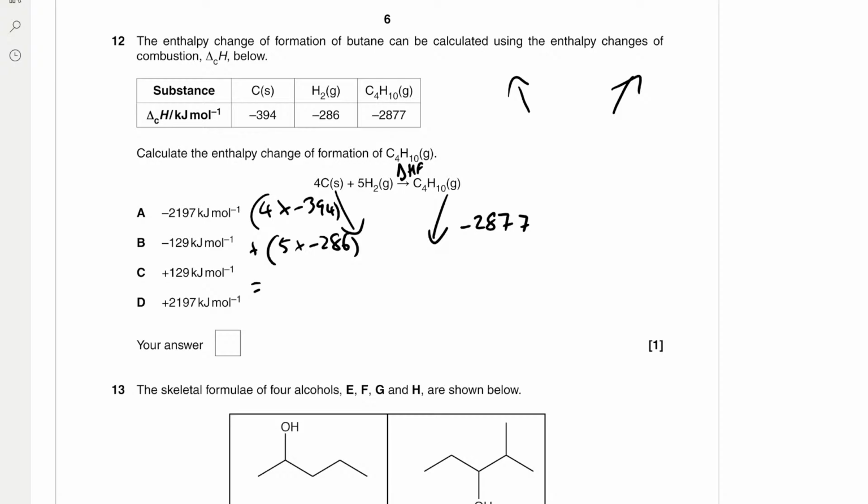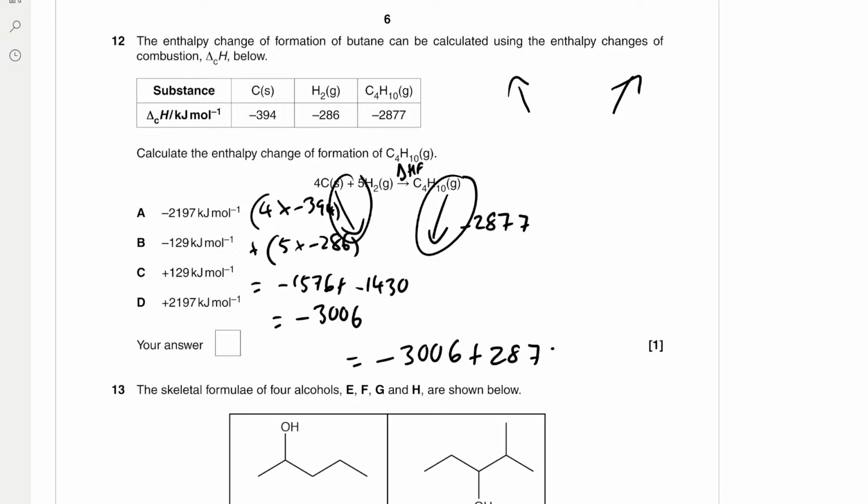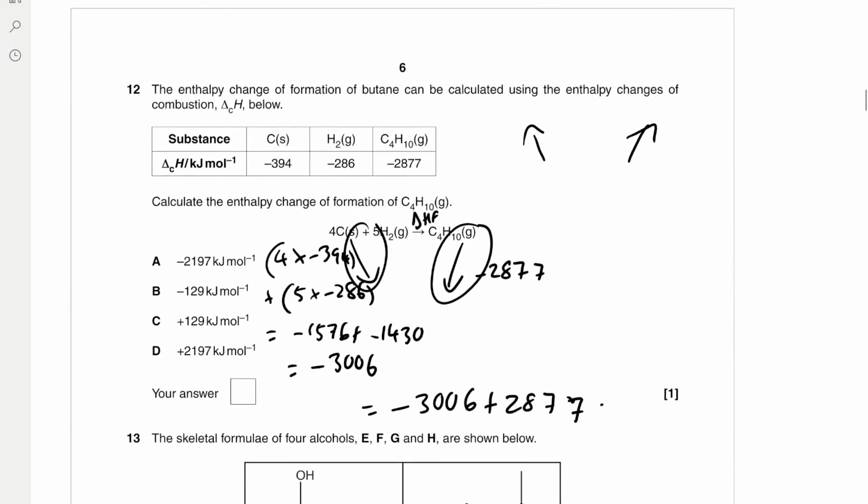So if we do those first initial calculations, that's -1576 plus 5 lots of -286, which is -1430, which gives us -3006, and then we're going with this arrow and we're going against this arrow, so that gives us -3006 plus 2877, which, I'm estimating, is answer B. Yeah, -129 kilojoules per mole.